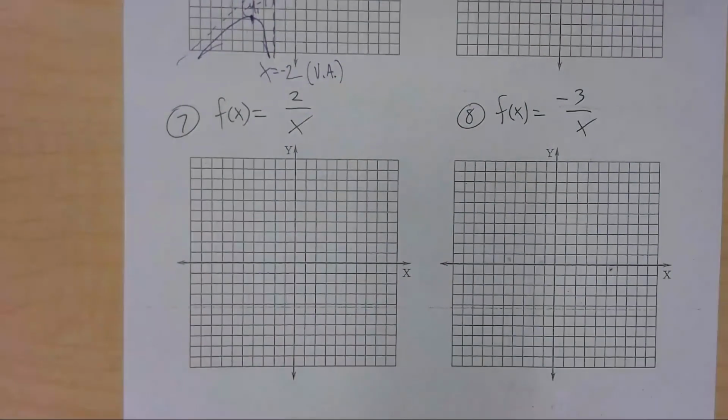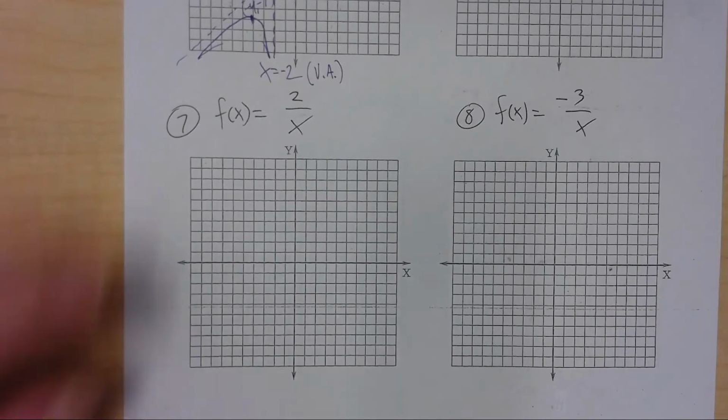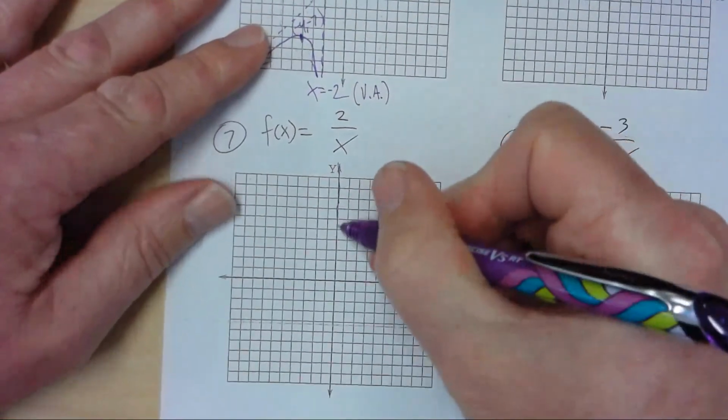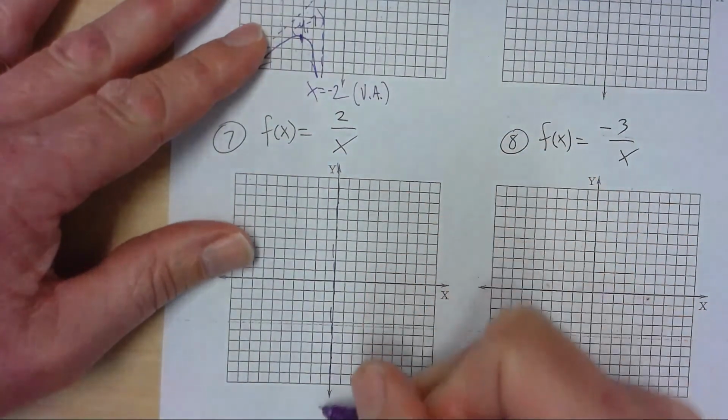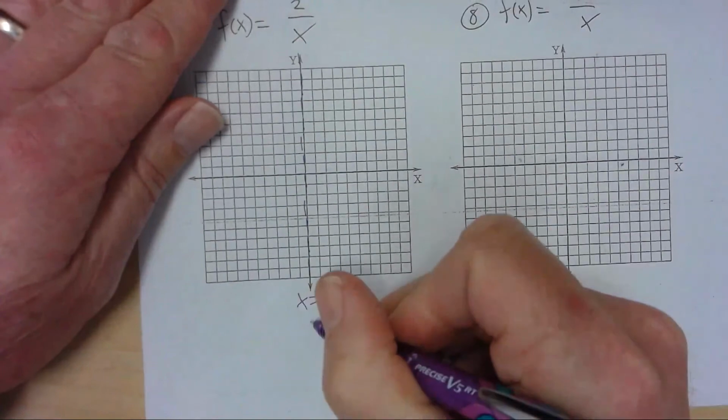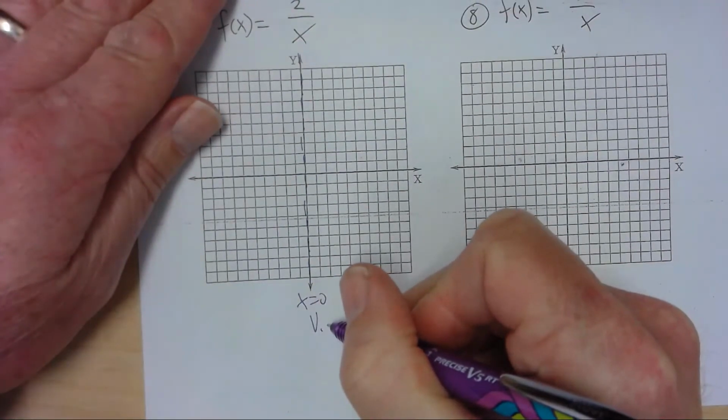The next two are the most basic ones of all. You don't even really need a calculator for this. You can't divide by 0. So x equals 0 is the vertical asymptote.